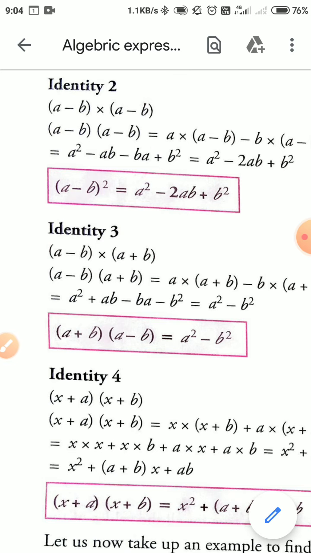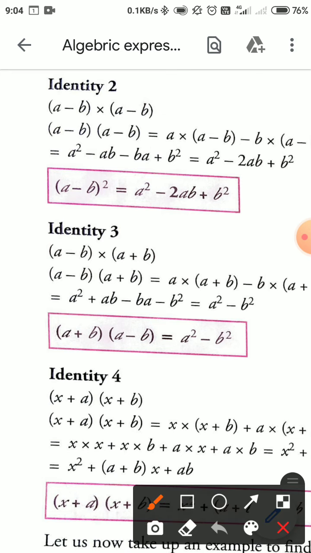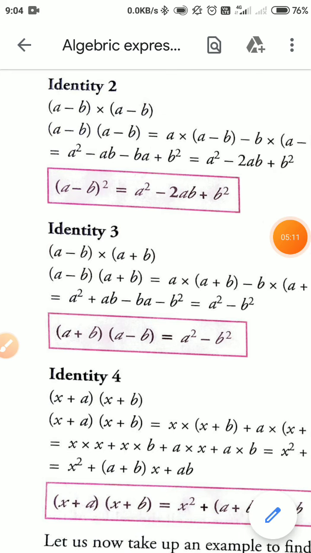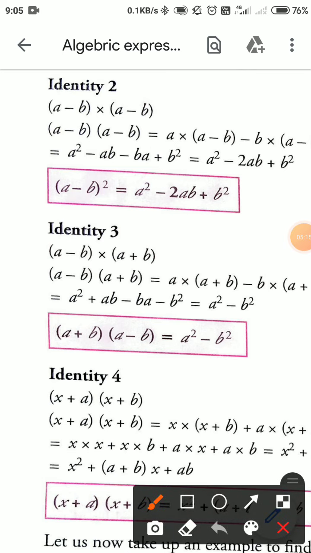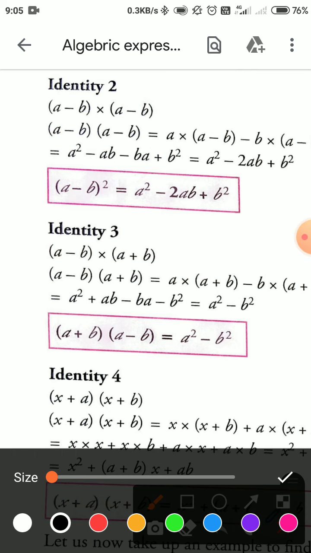Before moving on with identity 3, I'd like to tell you how you can write this expression in another way also. We can see how we can write this a minus b in another way, right?